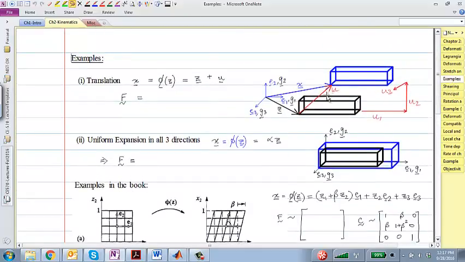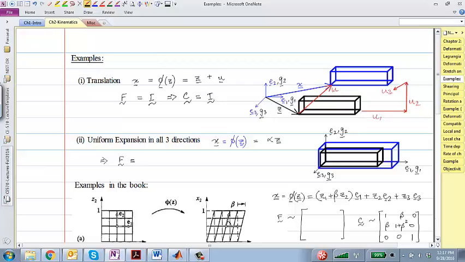Back to this map of translation. We had x equal to z plus u. We found that F is equal to identity, which implies that C is equal to F transpose F, which is what? Identity transpose is identity. Identity acting on identity is identity. So C is an identity deformation field.